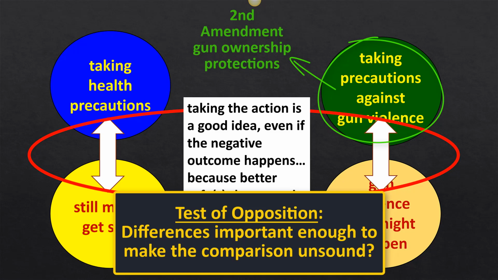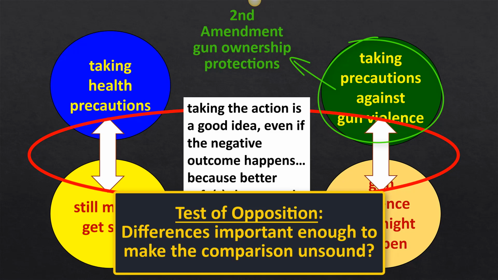In the current state of constitutional law, that means that American citizens have a right to own personal firearms. And so, taking precautions against gun violence might make ourselves safer, but that doesn't necessarily mean that all of those precautions are going to be a good idea to use. Because it might be that some of those precautions might violate the Second Amendment. If a precaution is unconstitutional, that would be an argument against doing it.